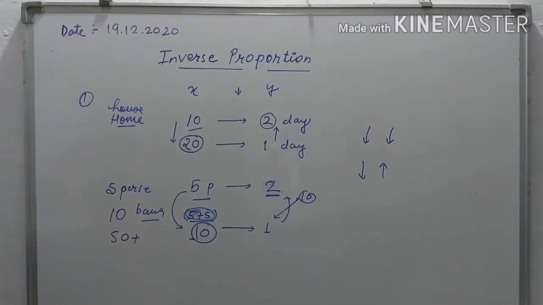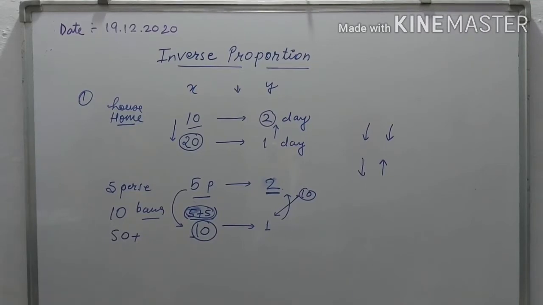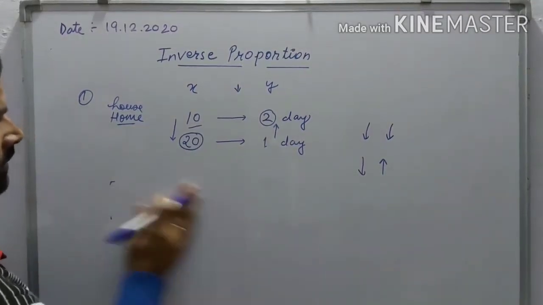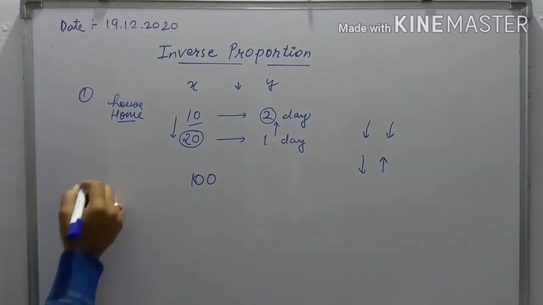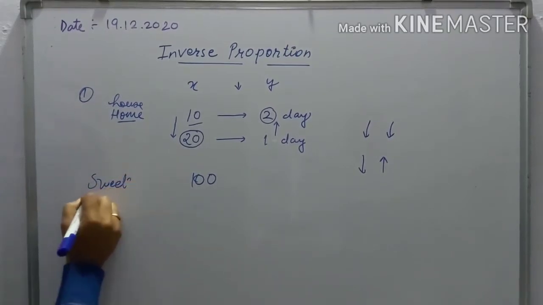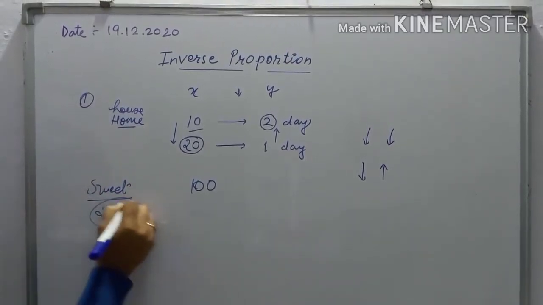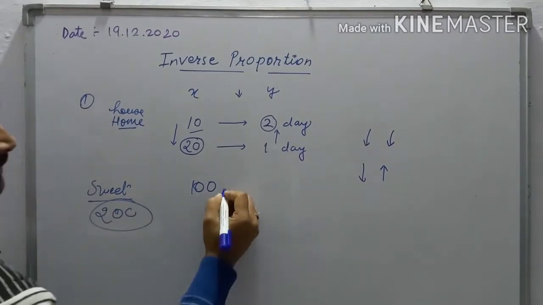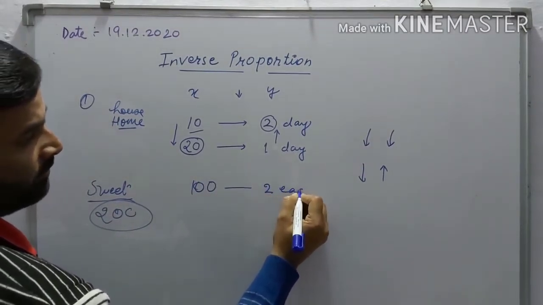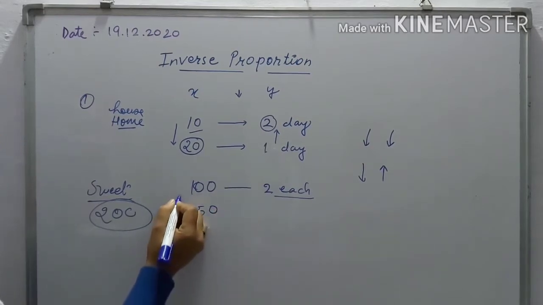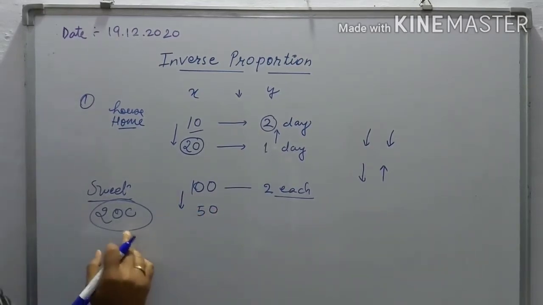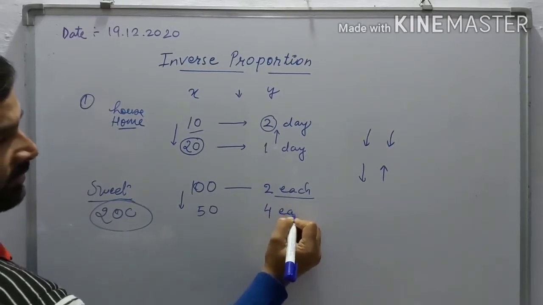One more question we will learn: suppose there are 100 students in a school, and the seats are distributed, 200 pieces, each getting 2. Suppose on this day it is raining and 50 students are absent, so the pieces increase, each getting 4.